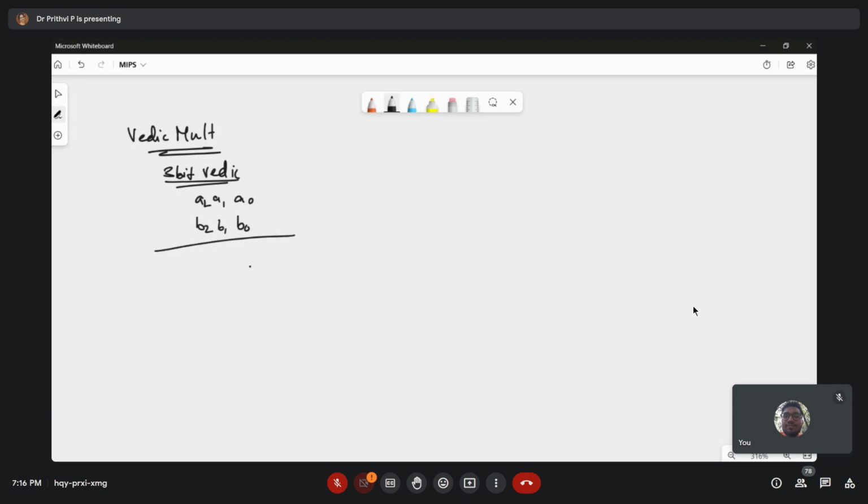Section A people, can you give, what is the first step? This is a crisscross sort of multiplication and addition. First we take the product of A0 B0, then A1 B0 plus A0 B1.